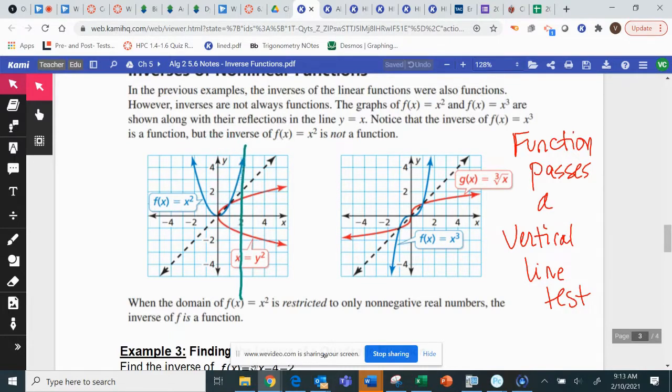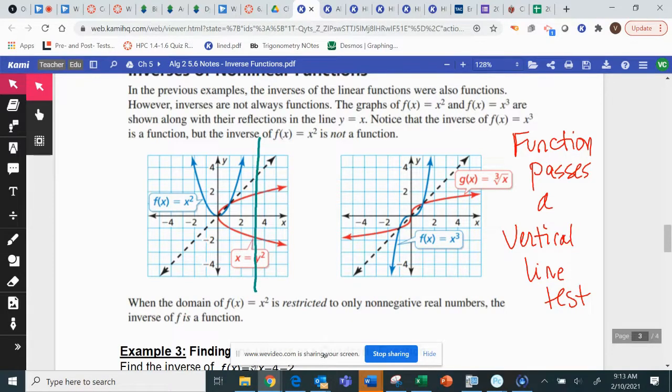But what about the inverse? How many times does my vertical line cross with the red graph? Anybody? 2. You see where it crosses 2?